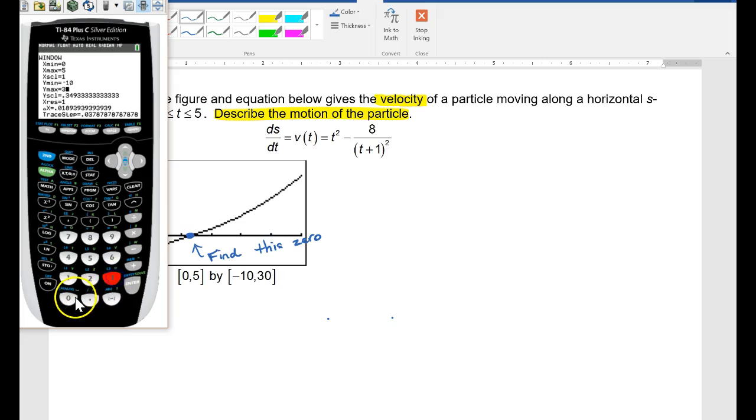And I'm just changing the setting so that it's reflected by the same window.